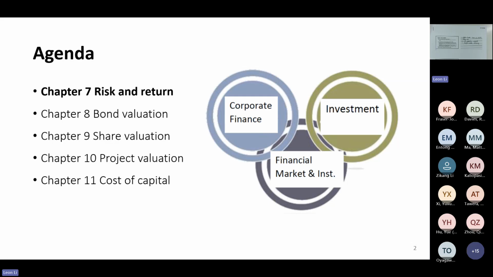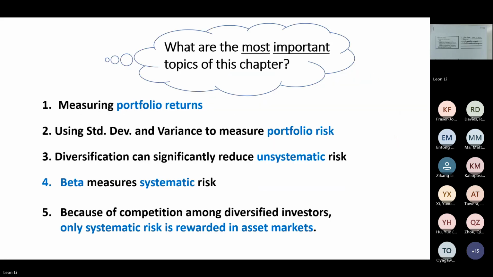Now let's do chapter 7, risk and return. In this chapter, for me, the most important issue is portfolio. We know how to measure portfolio return, and we know how to use the standard deviation and the variance to measure portfolio risk.